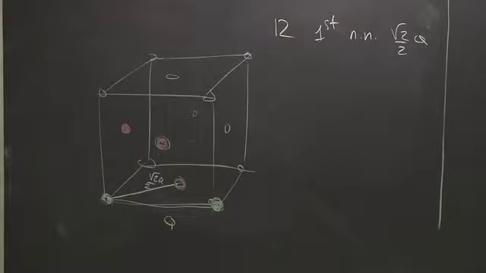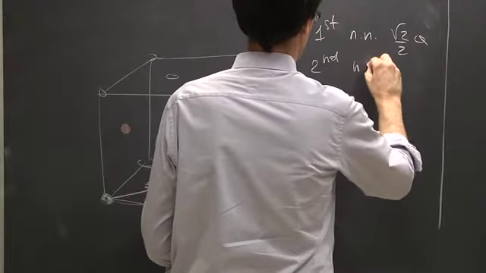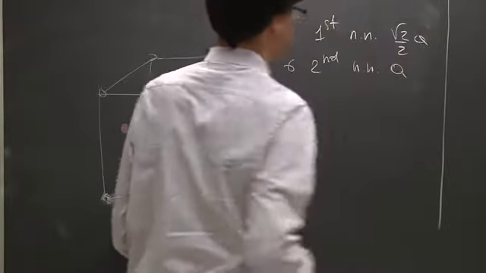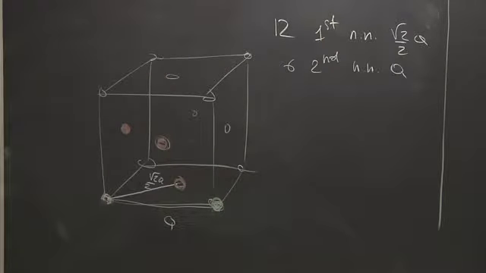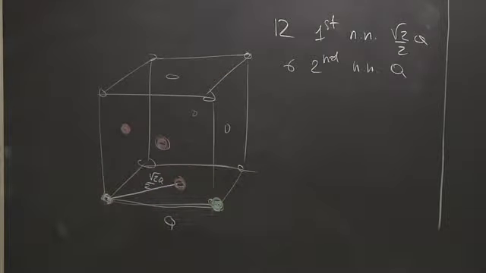Right, how many do I have? 6. So 6 second nearest neighbors at distance A. Right? Okay. Any question regarding nearest neighbors? Good.